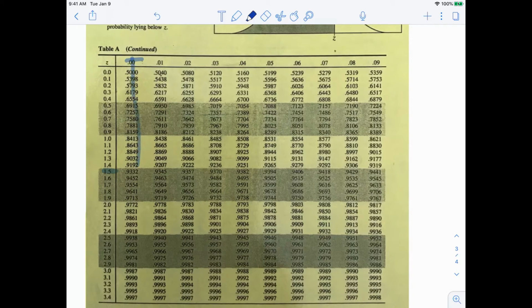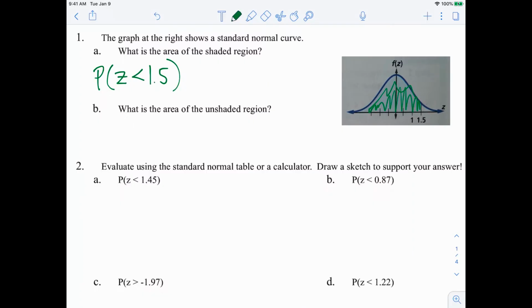I find where they overlap, and that is right here with 0.9332. So the probability that z is less than 1.5 would be equal to 0.9332 or 93.32%.